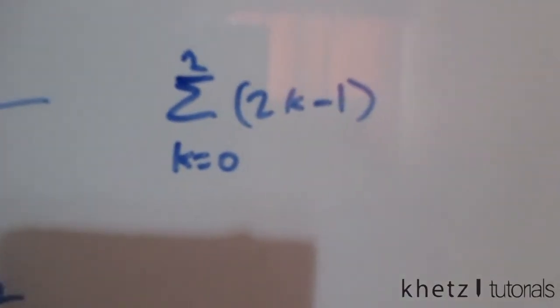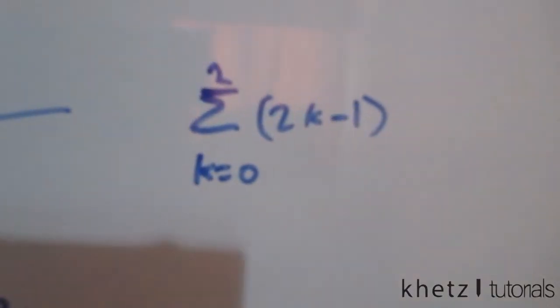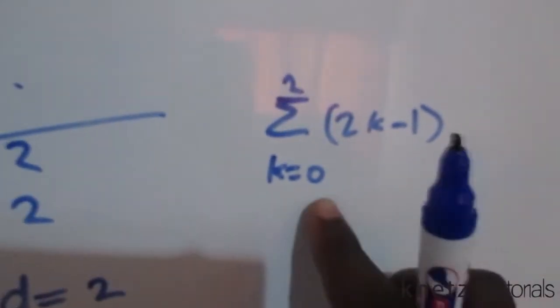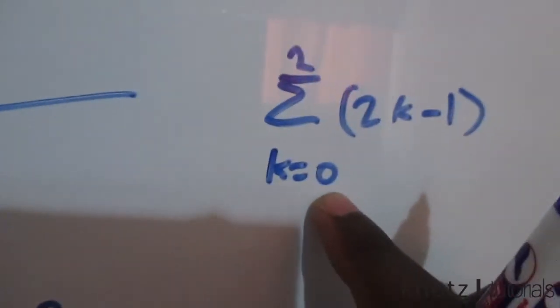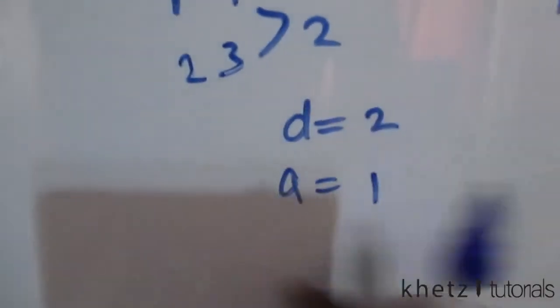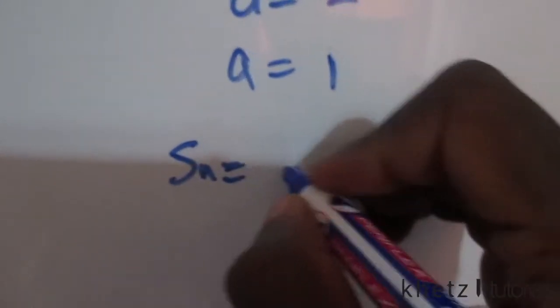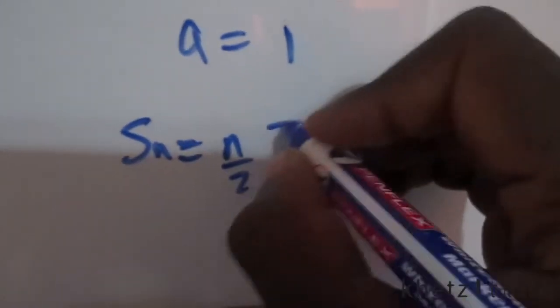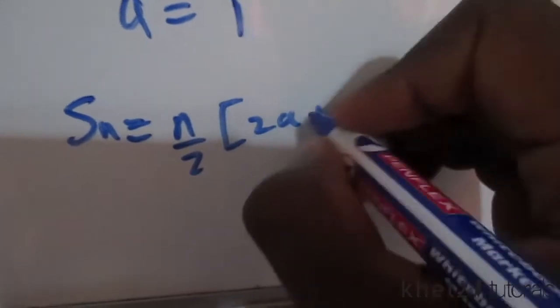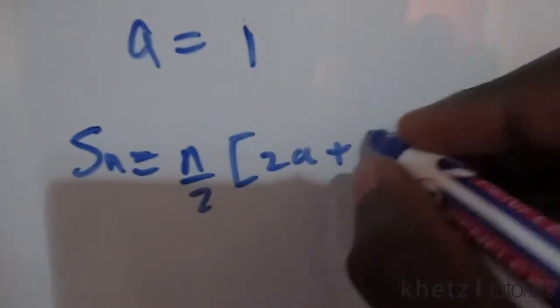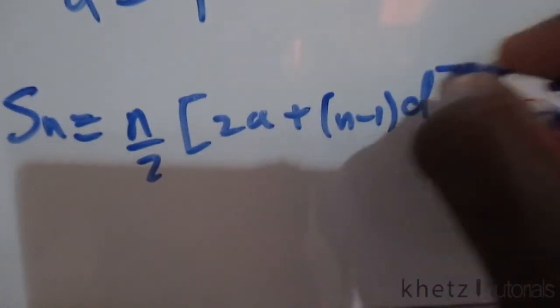You can't use this 0 in the formula which we're about to form now. We can use this formula over here because we're assuming that we don't know the last term.